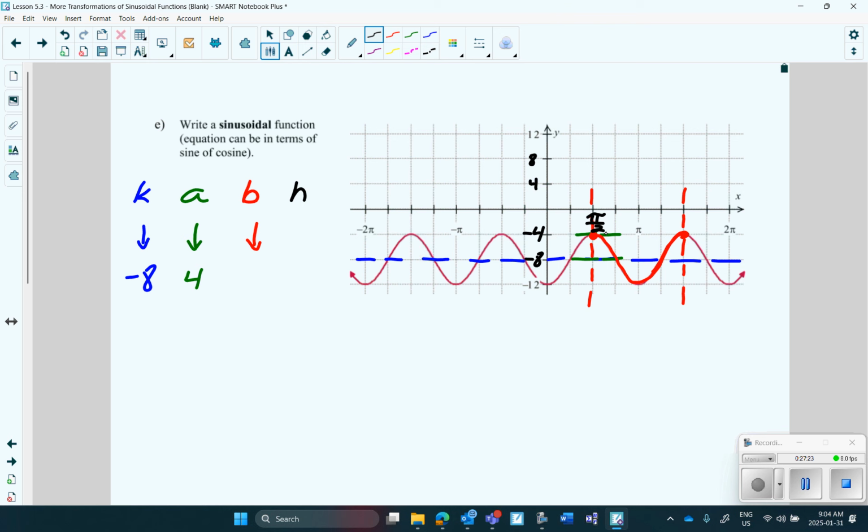And half of pi over 2 is pi over 4. And then you can just go 1 pi over 4, 2 pi over 4, 3 pi over 4, 4 pi over 4, which is still pi. So it's 2 pi divided by pi, which is 2.